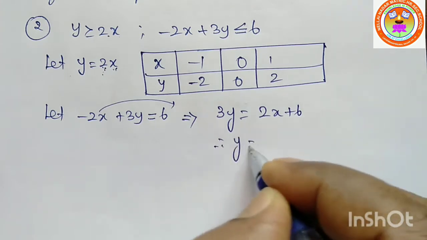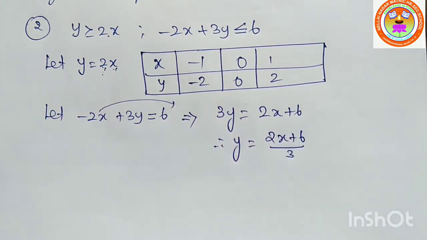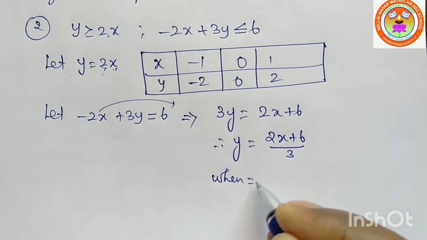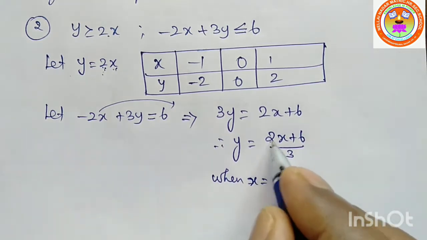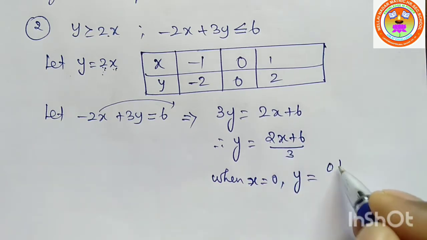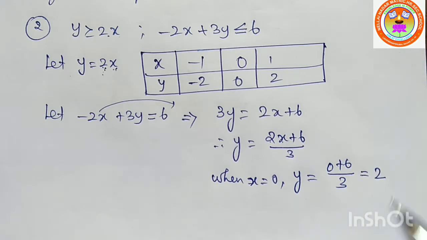Therefore, y is equal to 2x plus 6 by 3. We can apply x value. When x is equal to 0, what will happen to y? Y is equal to 2 into 0, that is 0, plus 6 by 3. That is 6 by 3, which means 2.